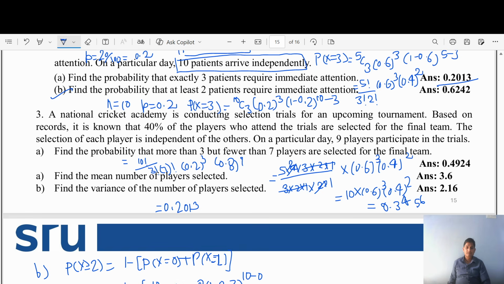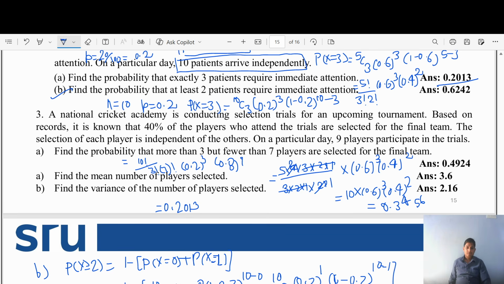This is the probability for P(X=0). Now, P(X=1) means 10C1, 0.2 to the power 1, (1 minus 0.2) to the power 10 minus 1. Because the formula is nCk, p to the power k, (1 minus p) to the power n minus k.